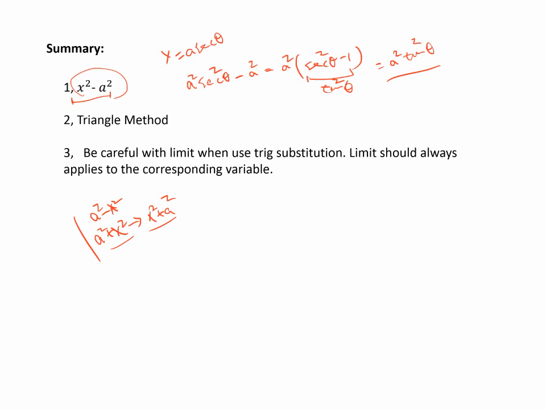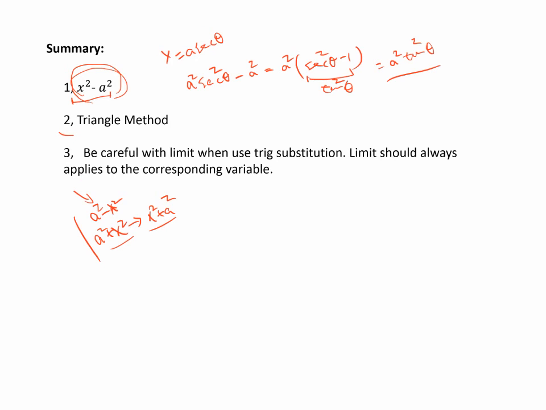These two are the same. However, a squared minus x squared is surely different from x squared minus a squared. We don't want to mess up. The substitution method and the theory behind it are in previous videos, so you just check with that.